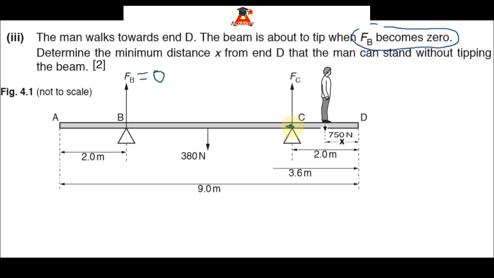If x is the distance that the man stands away from D, then this distance here happens to be 2 minus x. If we take moments about C, the clockwise moments are going to be constituted by this force, and the anti-clockwise moments by the 380 Newton force.